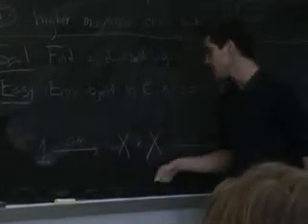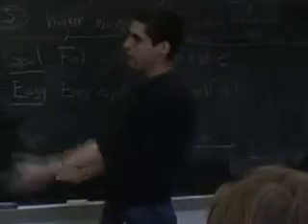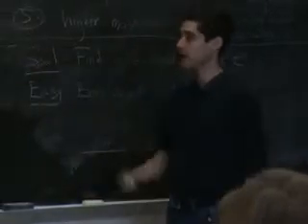What do we have to check? Well, we need candidates for a co-evaluation map and an evaluation map that go from the unit to x cross x and from x cross x into the unit. The unit is just the unit for products, which is the algebraic variety consisting of a single point.